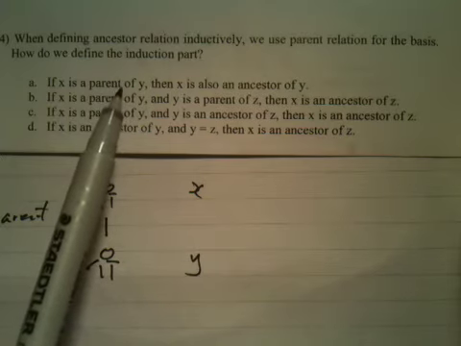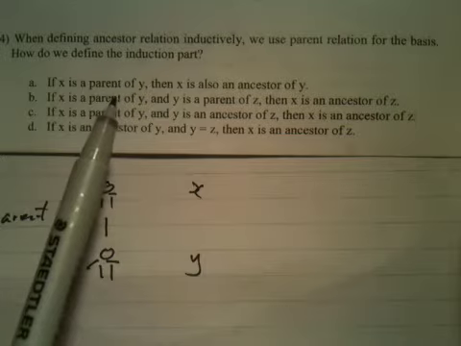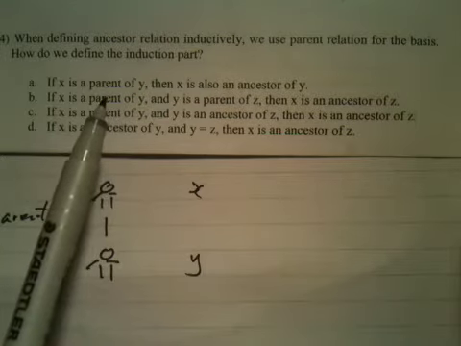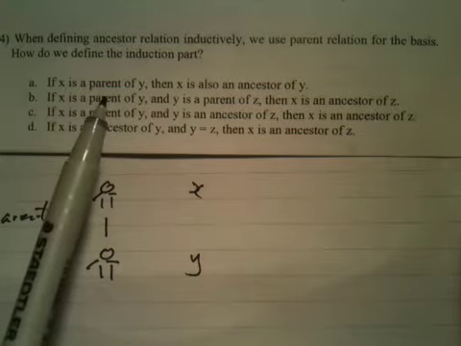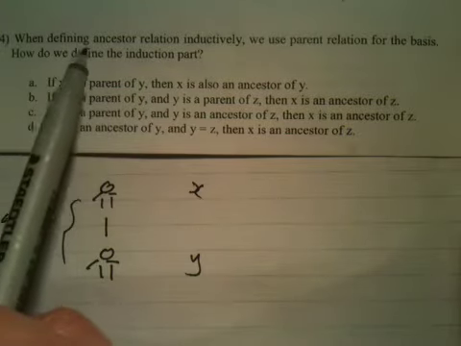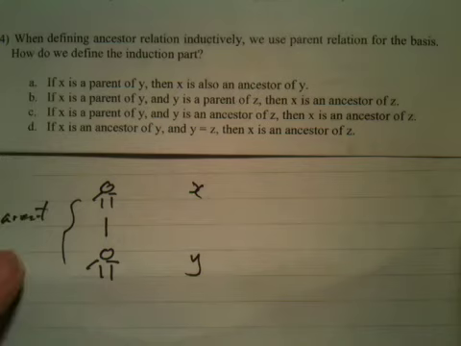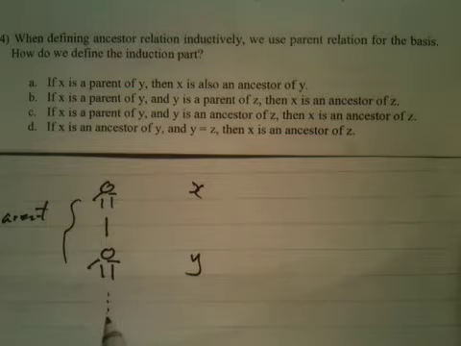For induction, what we need to do is immediately make an assumption. So we assume somebody is already somebody's ancestor. We are trying to define ancestor, so we can assume person Y is an ancestor of another person.